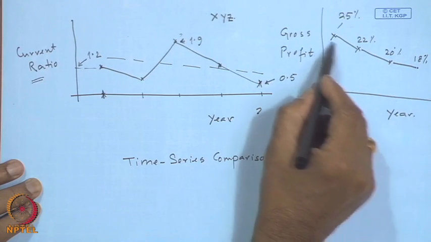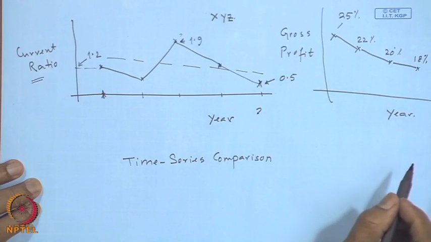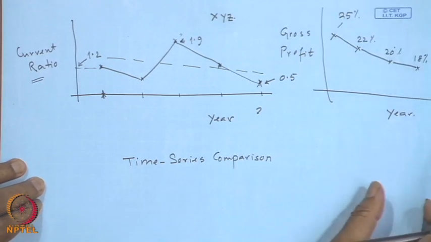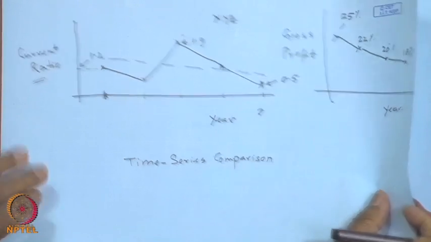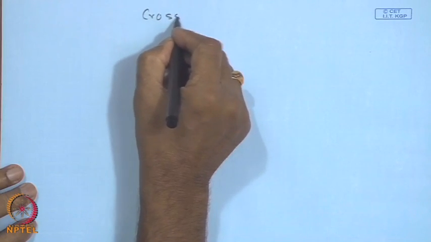Now, why this sliding down of the values of gross profit? One can make the analysis. This is time series comparison. One can make a cross sectional comparison.